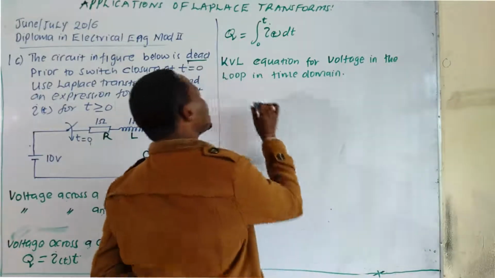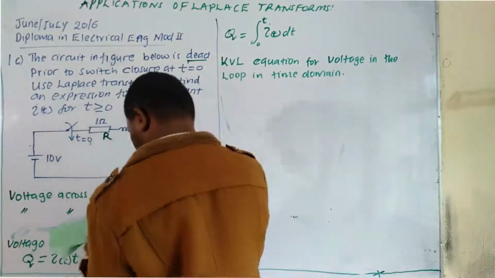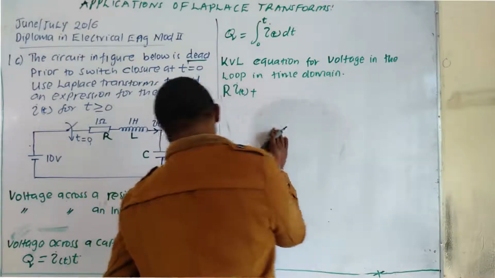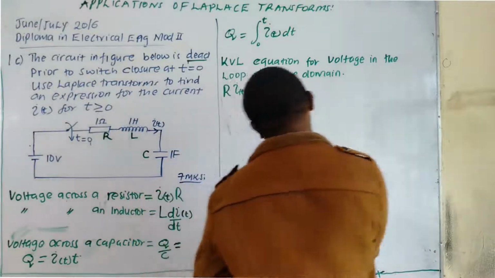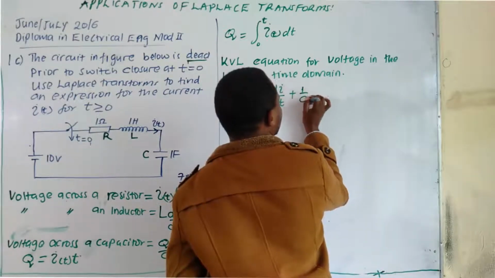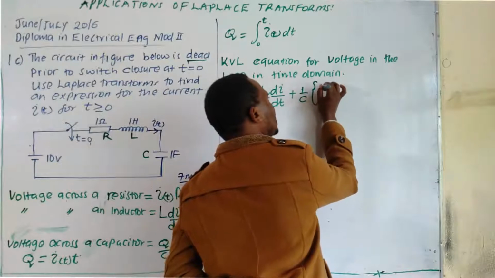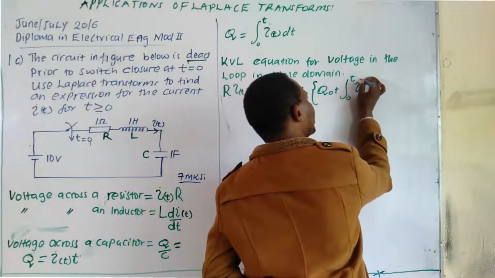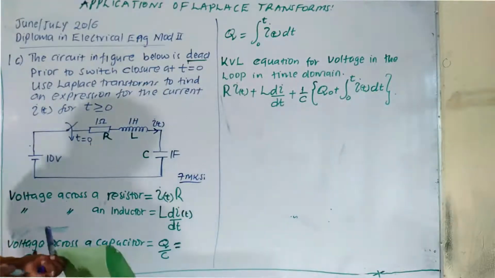So you can sum up the voltages: the voltage across the resistor, which is R i(t), plus the voltage across the inductor, which is L di/dt, plus 1 over C, the capacitance, times a bracket of Q naught plus the integral from 0 to t of i(t) with respect to t.